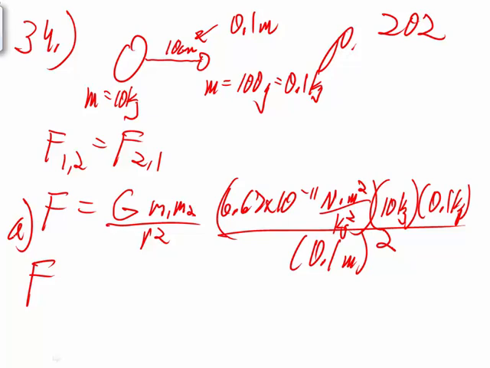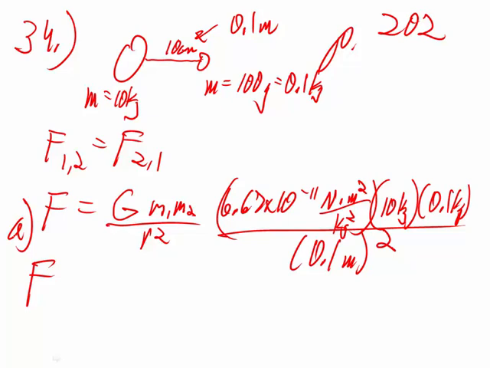So we got 6.67 times 10 to the negative 11 times 10 times 0.1, and then divide that by 0.1 squared.